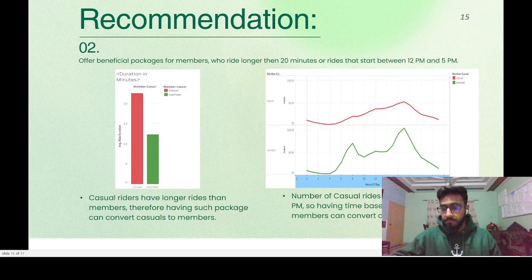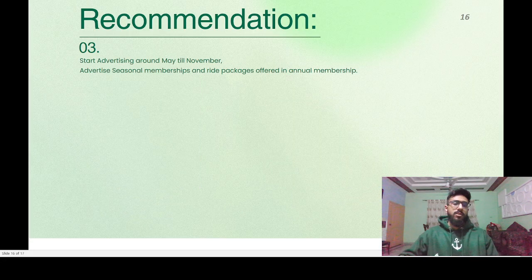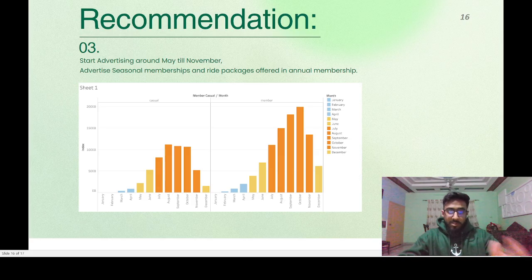So, the third recommendation: start advertising around May till November, advertising seasonal memberships and ride packages offered in annual memberships. Where is this coming from?